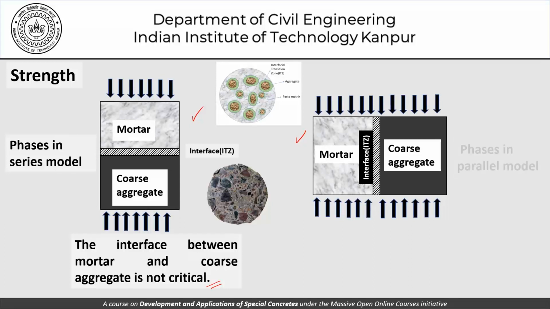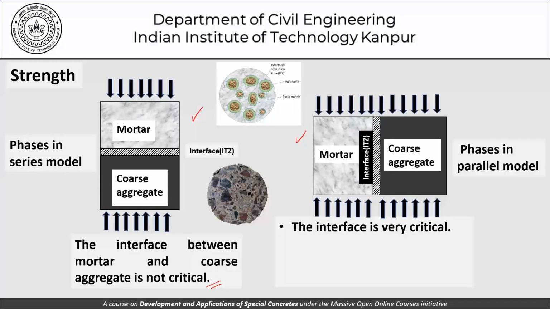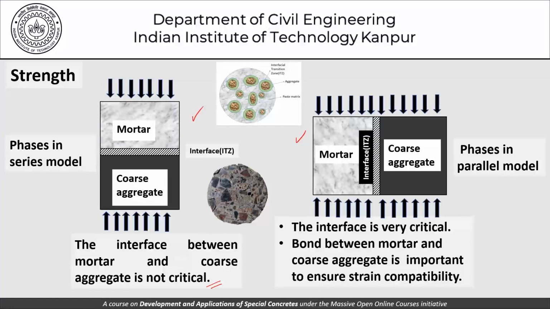In the parallel model, where the phases are in parallel and the interfacial transition zone is located the way it is located here, there the interface is very critical, and the bond between the mortar and coarse aggregate is important to ensure strain compatibility.